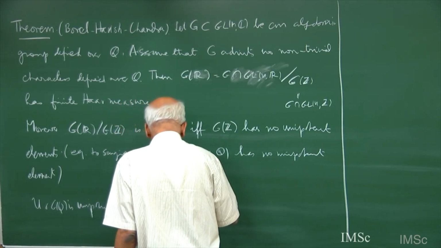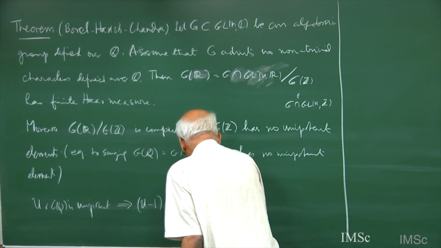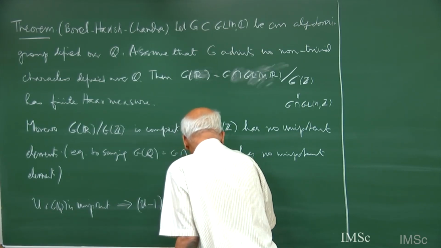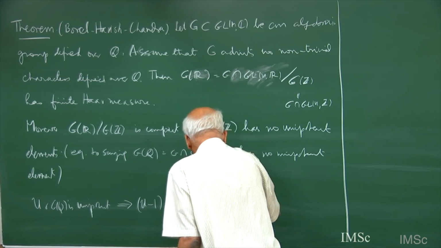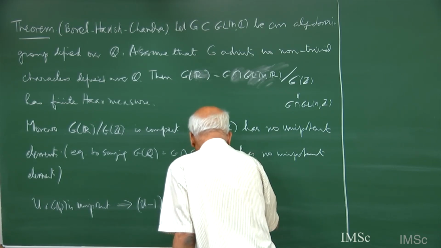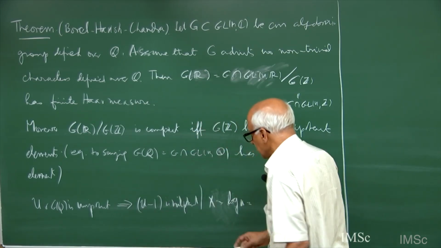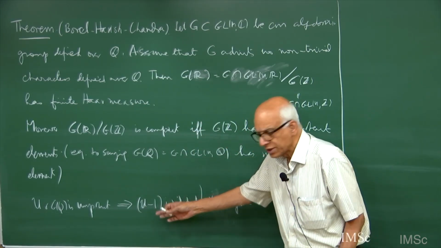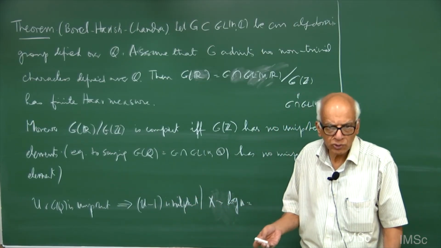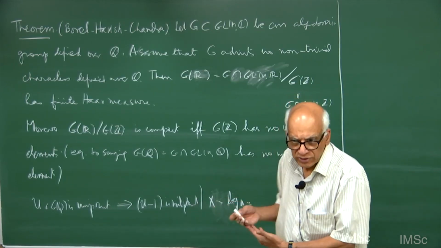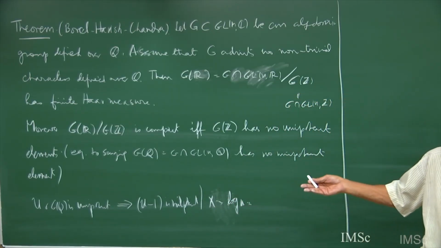In fact, you can define the logarithm of U, let me call it x equal to log U, using the usual logarithmic series. Write U as 1 plus (U minus 1), so you can expand in a power series, but it terminates because U minus 1 is nilpotent.